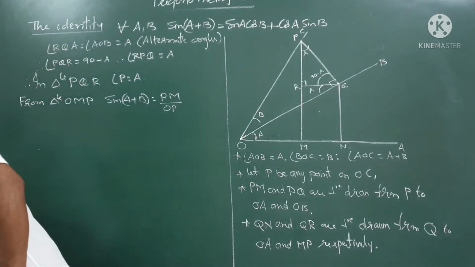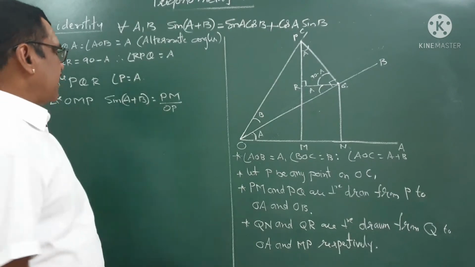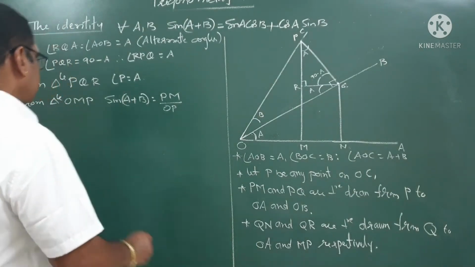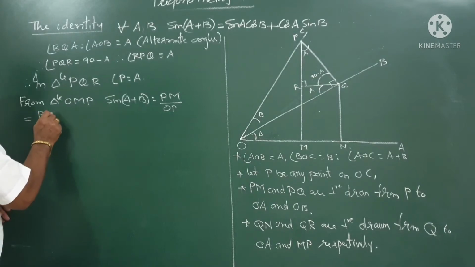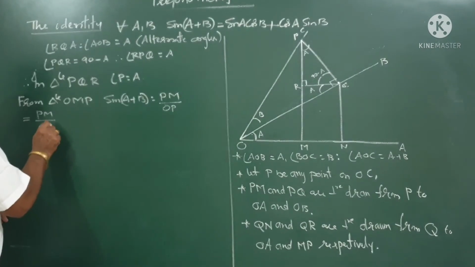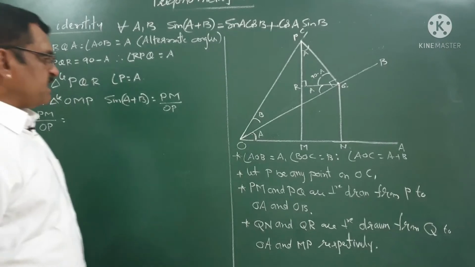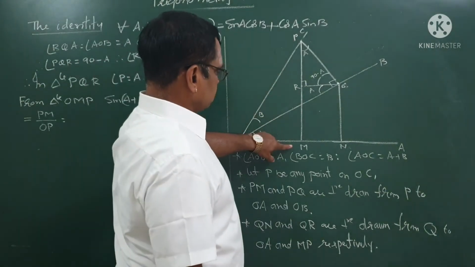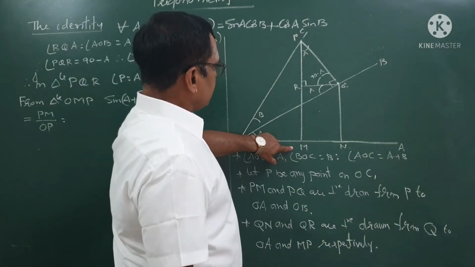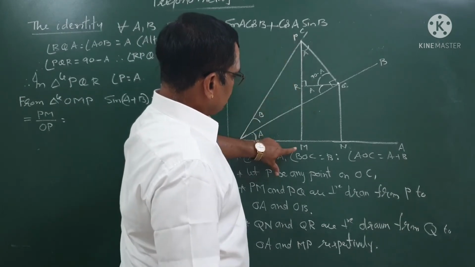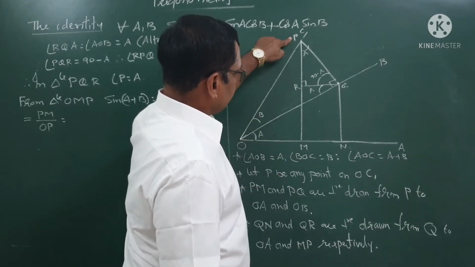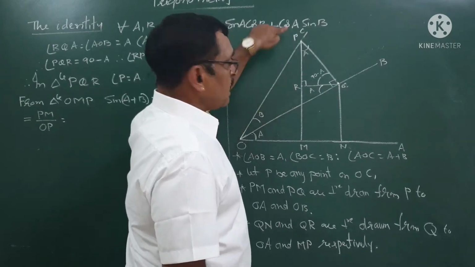Now I do some little manipulation to get my answer. My PM can be written as the sum of these two: PM is equal to MR plus RP.